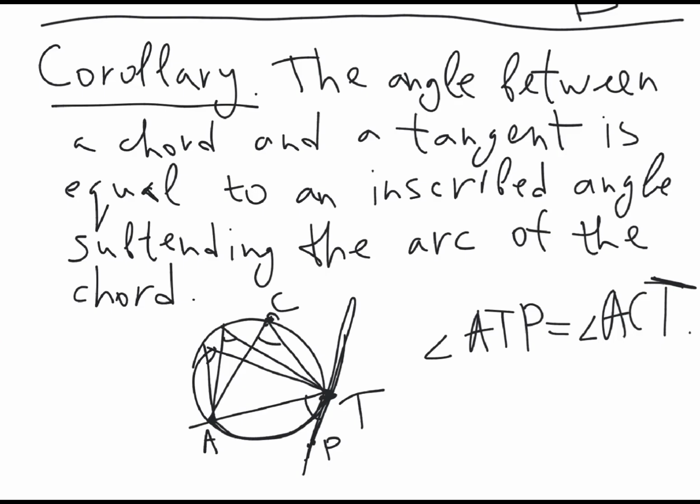And why this corollary follows from the theorem that we proved is because it is a known fact that all inscribed angles subtending an arc are equal to half of the central angle subtending this arc.